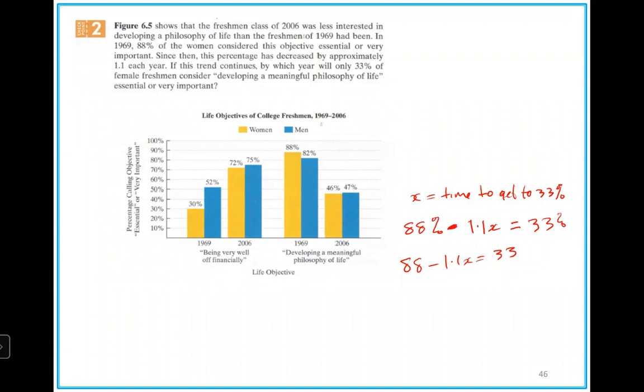Negative 1.1x is equal to 33 minus 88, so negative 1.1x is equal to negative 55.